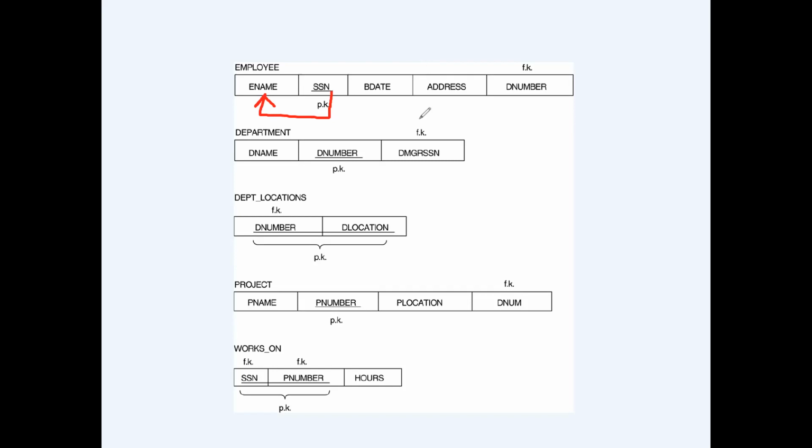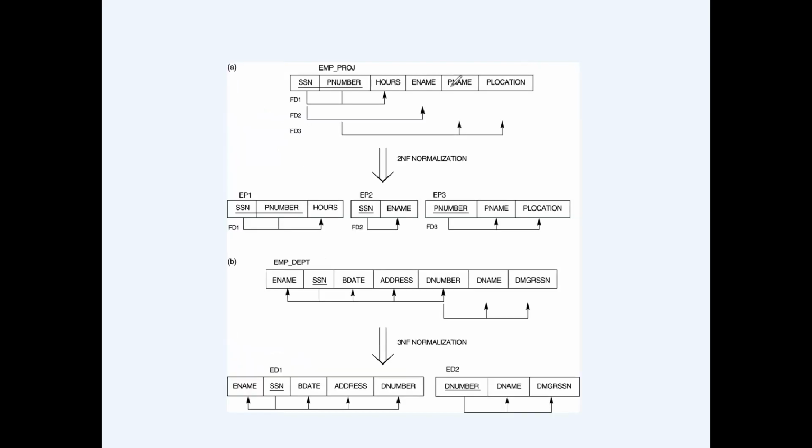Okay, so let me give you some examples. In the next example, I'm going to give you the second normal form. Just look at part A from the previous one.